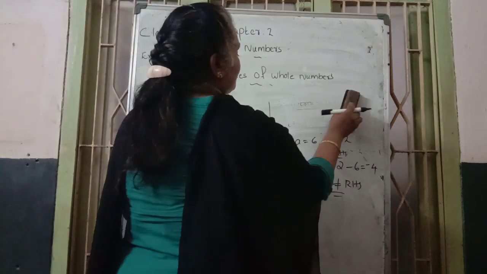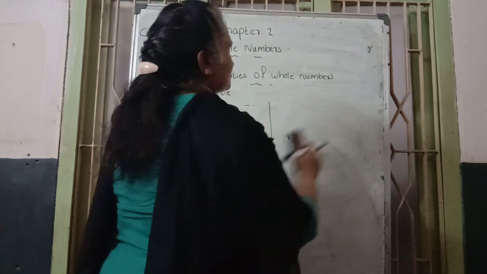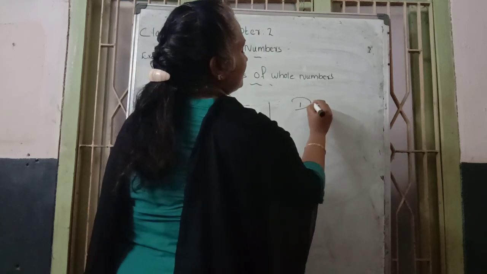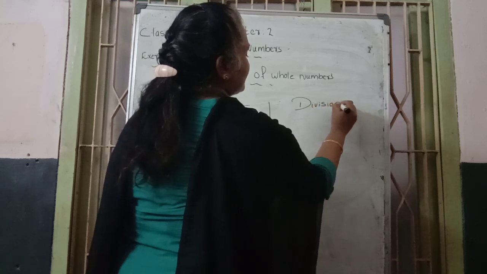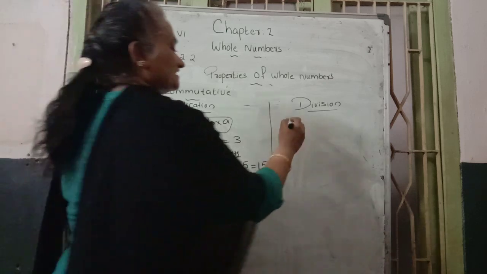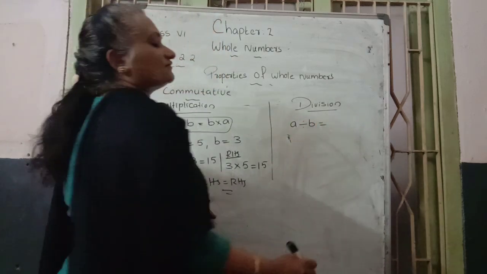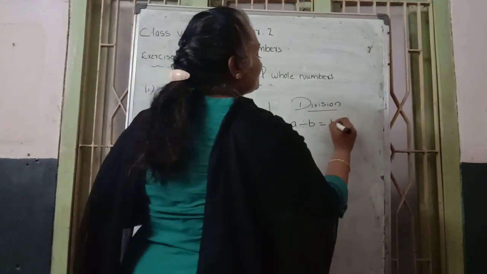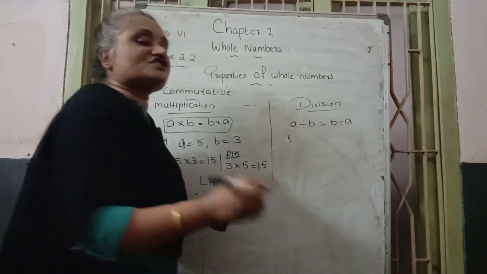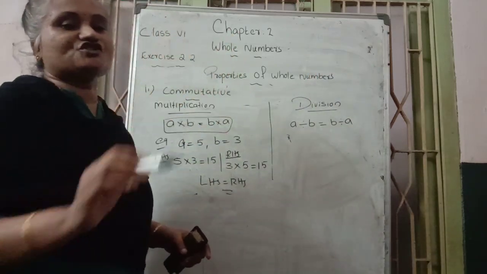Then next we go through checking the division case. Is it satisfying or not? Division case, commutativity property satisfying or not. Check here the general form: a divided by b or b divided by a, satisfying or not. If it is not satisfying, we can tell that it is not satisfied.